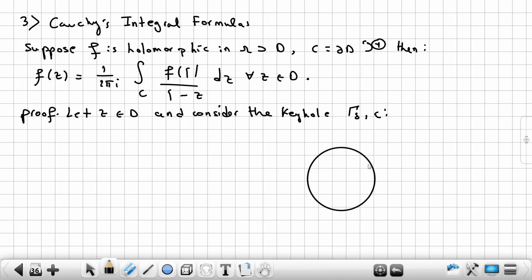So this is the disk D, this is z, and the keyhole can be drawn as follows.